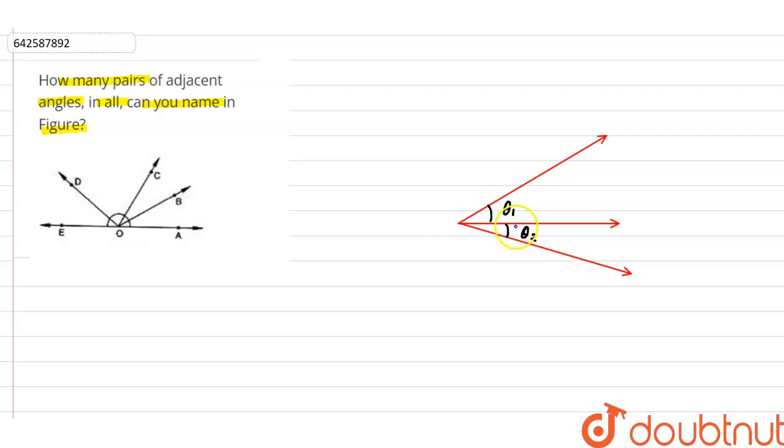If these are adjacent angles, what is the condition? Let this point be O, this A, this B, and this C. If two angles are adjacent angles, the condition is that the vertex of both angles should be the same. Here the vertex is O, same for both theta 1 and theta 2.